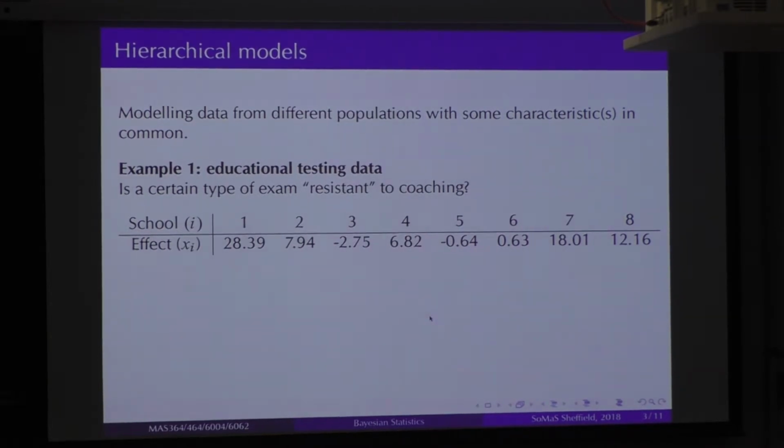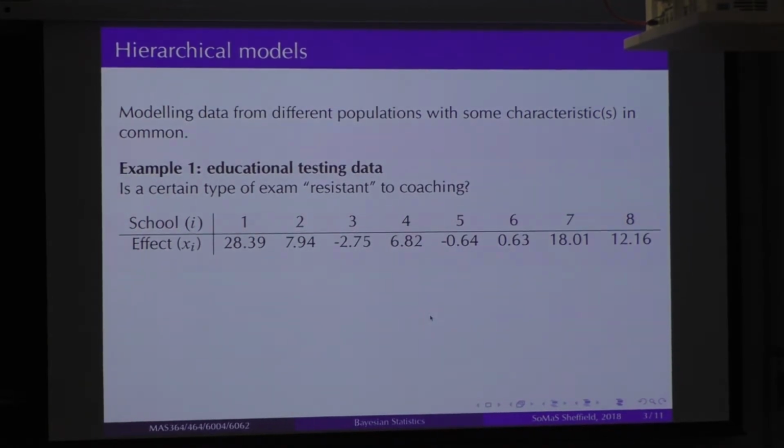So there are some schools that did specific coaching on their students, and then the difference in marks between those students that were not coached and the students that were coached were recorded, right? So we have 8 schools, and these are the effects, so the difference in average mark, if you wish, okay?